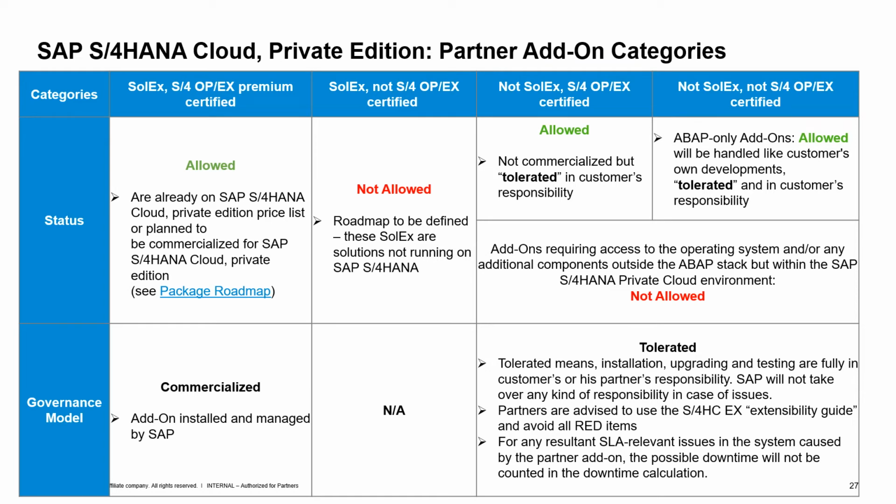And if you're a partner that has been working with either selling or providing implementation services for Extended Edition, and by the way, the sell authorization herein also includes the Extended Edition, we strongly recommend that you work with the Extensibility Guide and avoid all items in red. It will make your life easier, your customer's life easier, and the provisioning system's life easier.